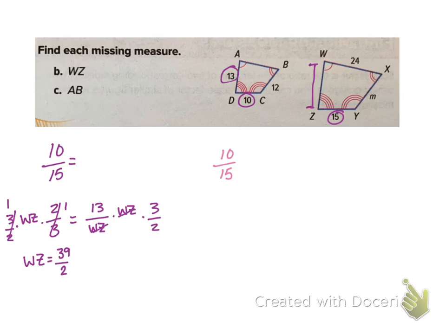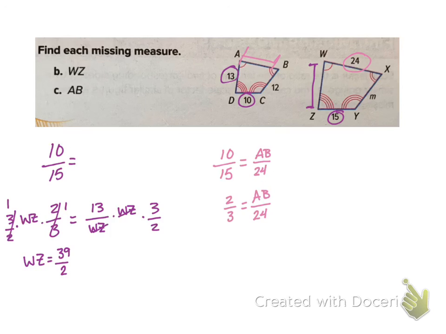This time we need to find AB, this guy, and 24 corresponds to that. So we're going to say AB over 24. Let's reduce 10 over 15 to 2 over 3 again. So 2/3 equals AB over 24.